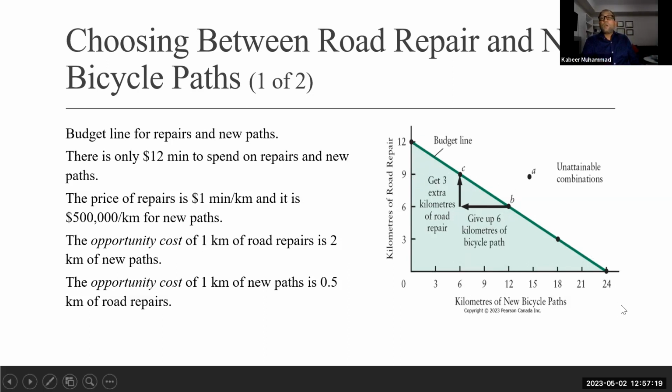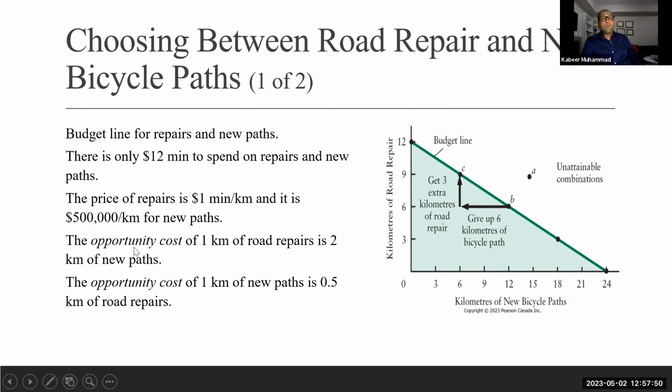This line we also call a budget line, because 12 million is the budget available, and we can spend it in combinations. The point we want to learn here is the opportunity cost. If we forego 1 kilometer of road repair, how many kilometers of bicycle path can we construct? 2 kilometers.